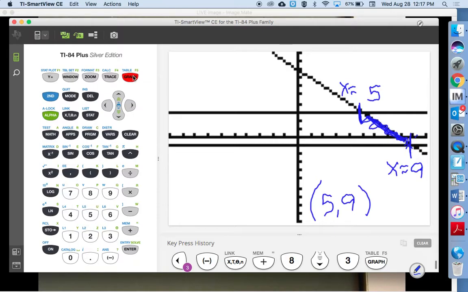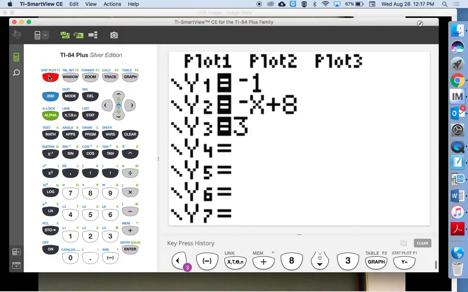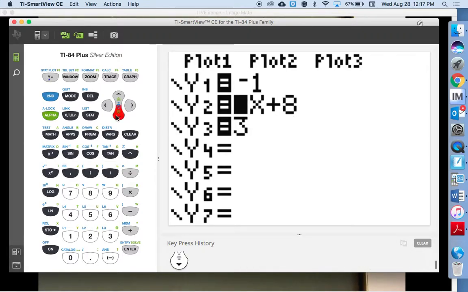This one, I think the shading works better if you have the color-coded calculators. But just to show you the shading, you never do anything with the first equation. You would change the second one because it was greater than, not equal to, greater than negative 1, so I would change this to be greater than. And then y has to be less than 3, so I would change that to less than.